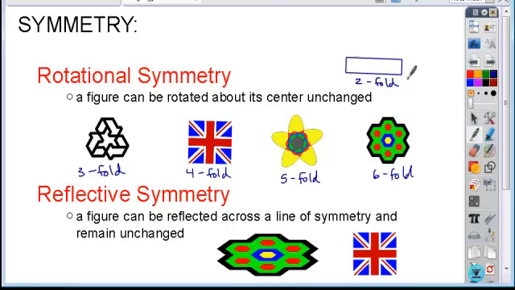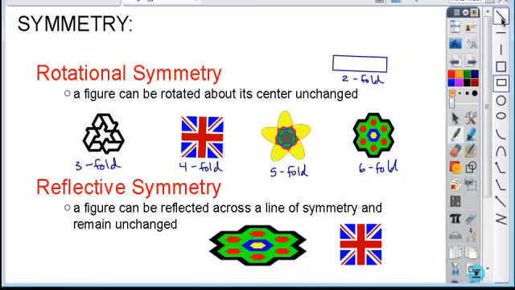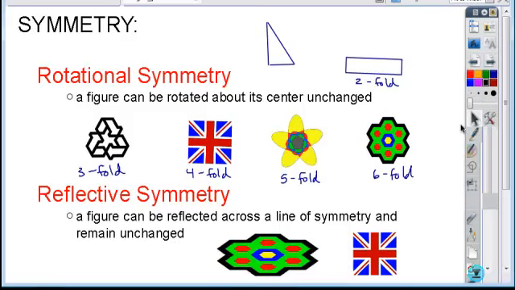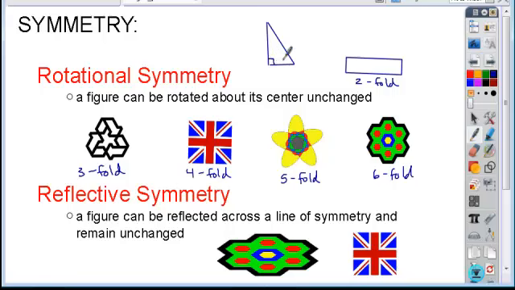How about a rotational symmetry of 1-fold? What do you think? All right, so let's say we took a scalene right triangle. If we were to rotate this figure about itself, would it ever map back onto itself anytime other than at the completion of a full rotation?